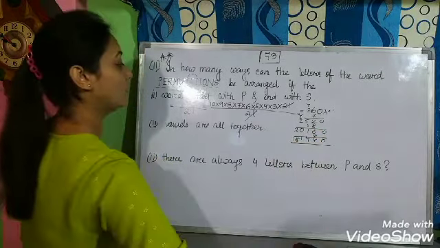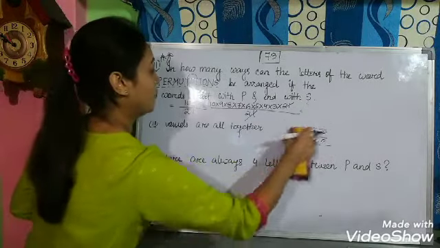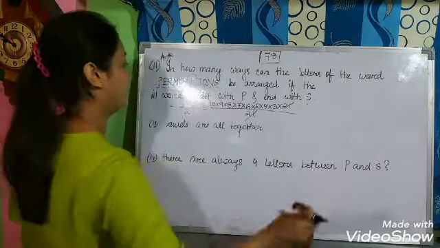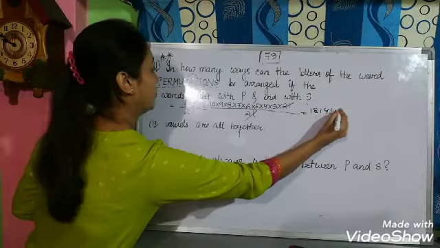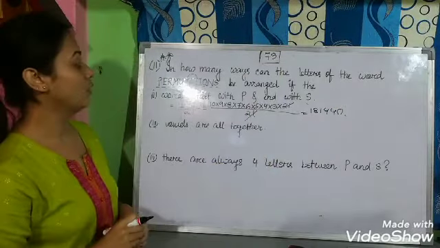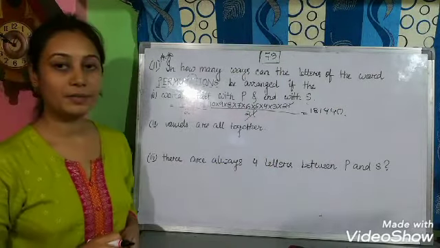One eight one four four zero. So 181440 is the number of permutations where words start with P and end with S.